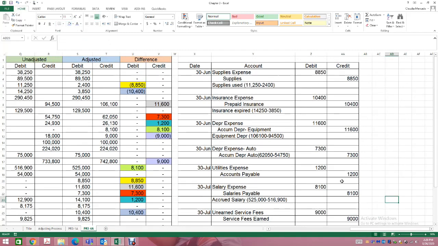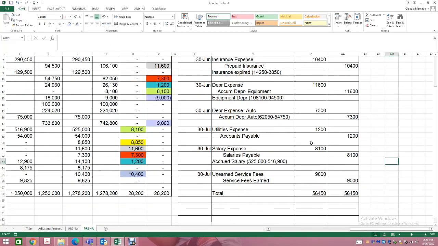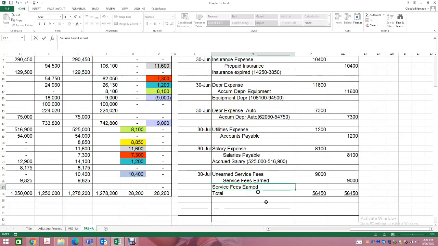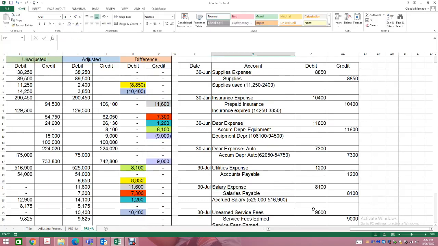In this chapter, let me enter a description here: service fees earned. So these are the journal entries, the adjusting journal entries that need to be done at the end of every period.